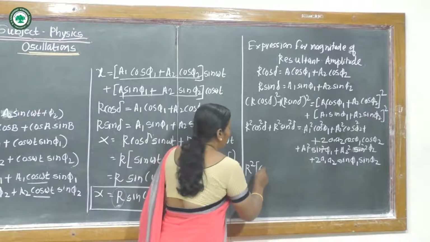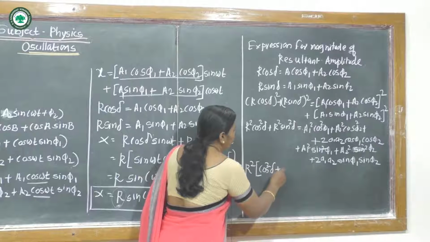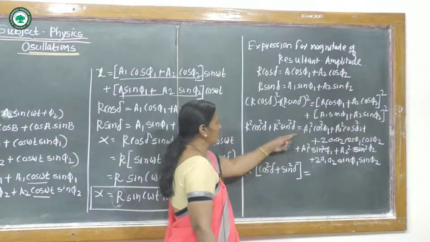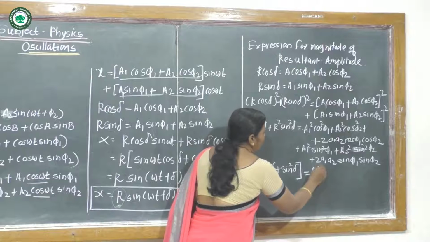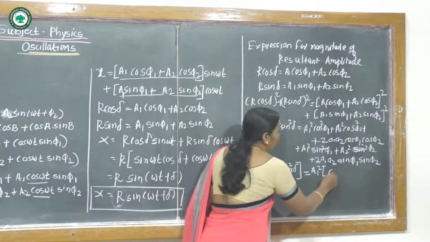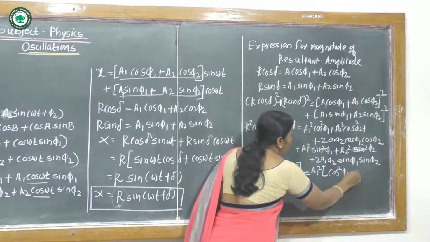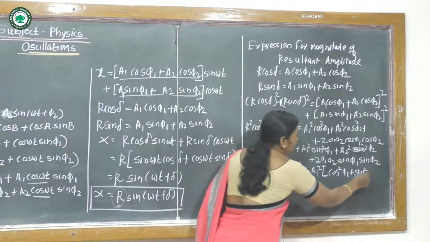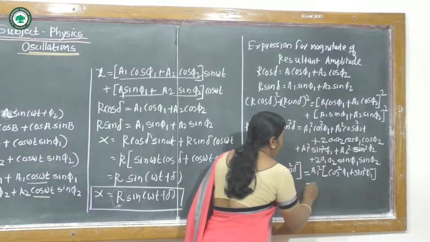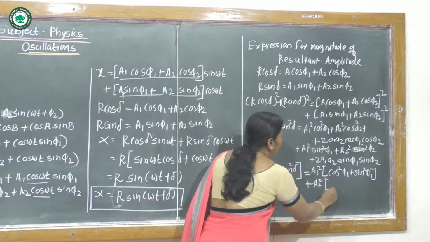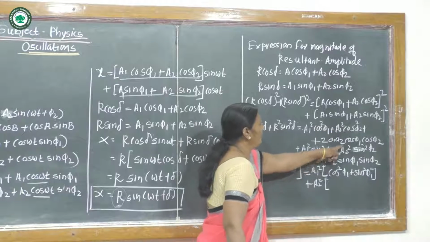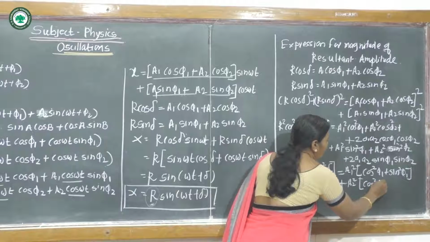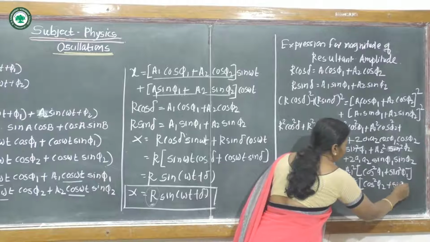In the bracket we get cos square delta plus sin square delta is equal to, in this case A1 square is common, in the bracket we get cos square phi 1 plus sin square phi 1, plus A2 square is taken common and cos square phi 2 plus sin square phi 2.